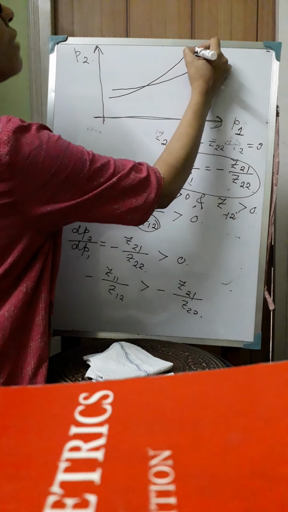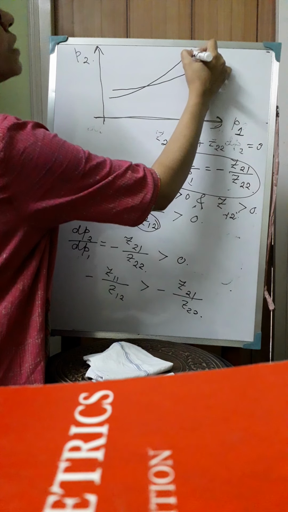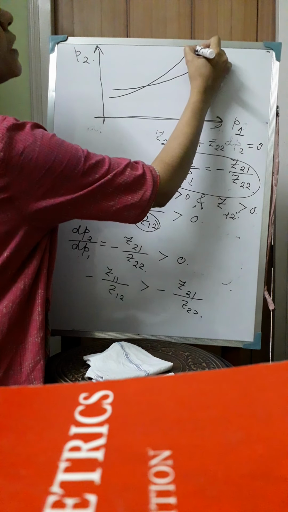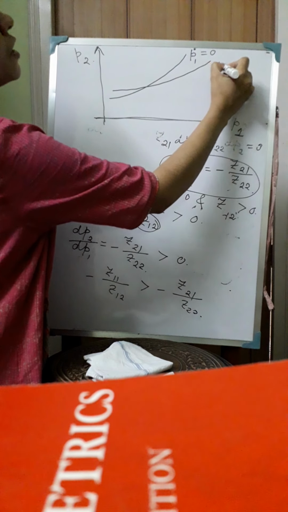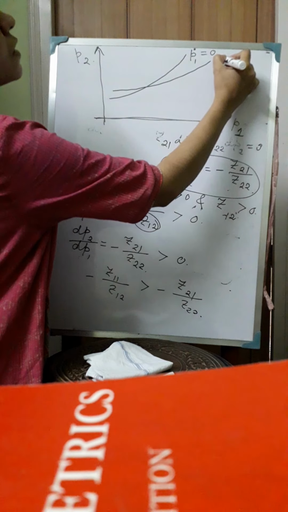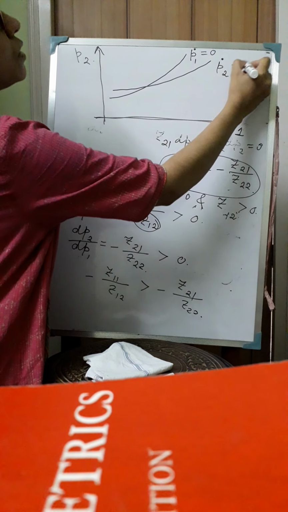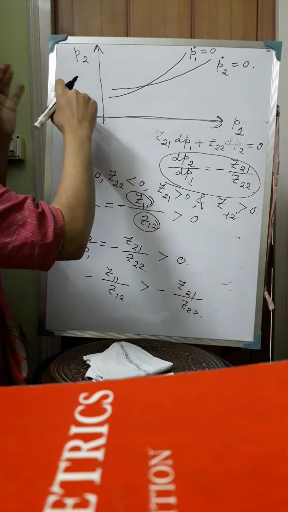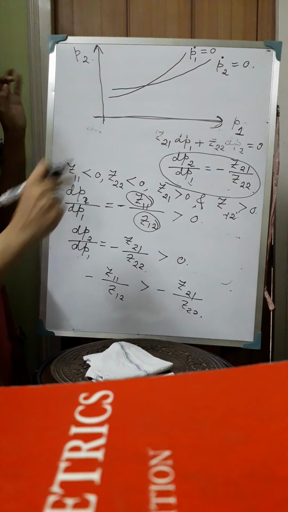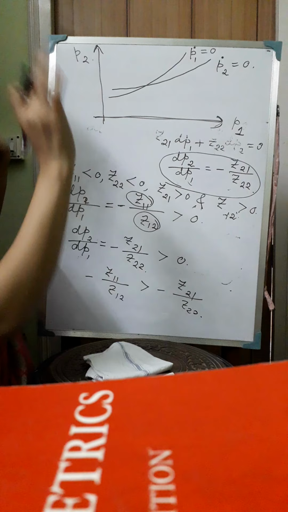So this is market 1's curve. That means this is the curve which represents P1 dot equal to 0, and this flatter curve represents P2 dot equal to 0. Now along these two curves there is no change in P1 and P2.